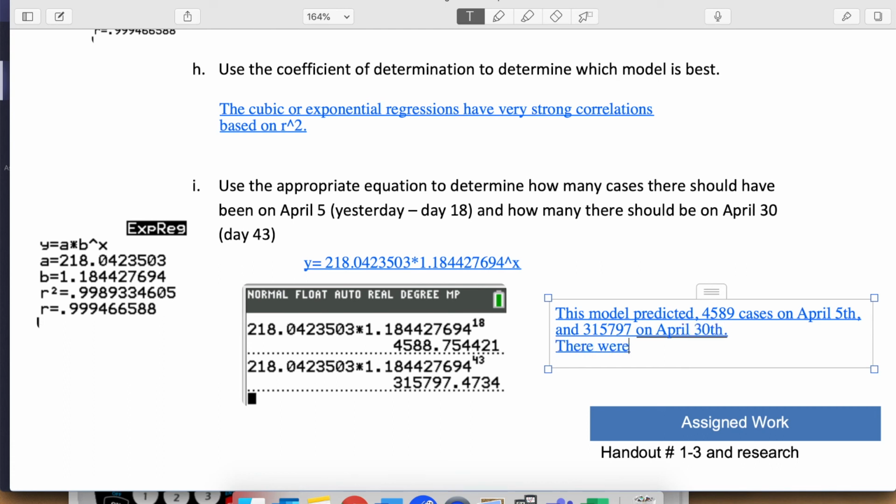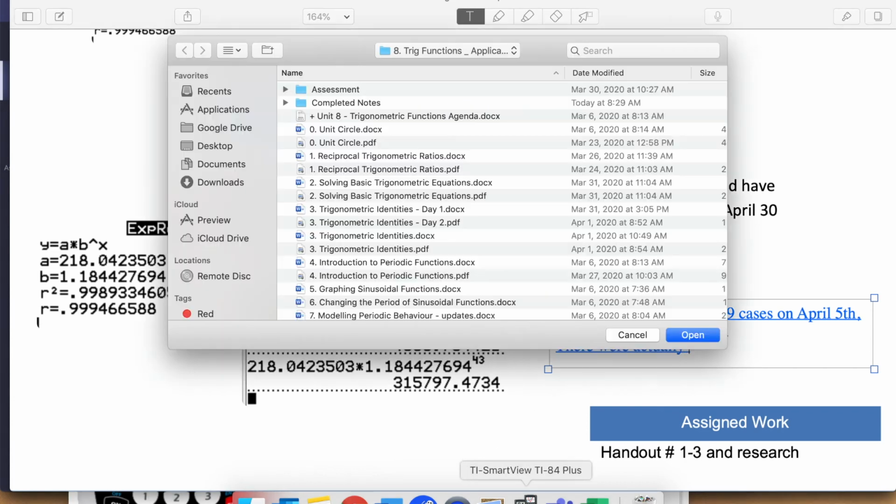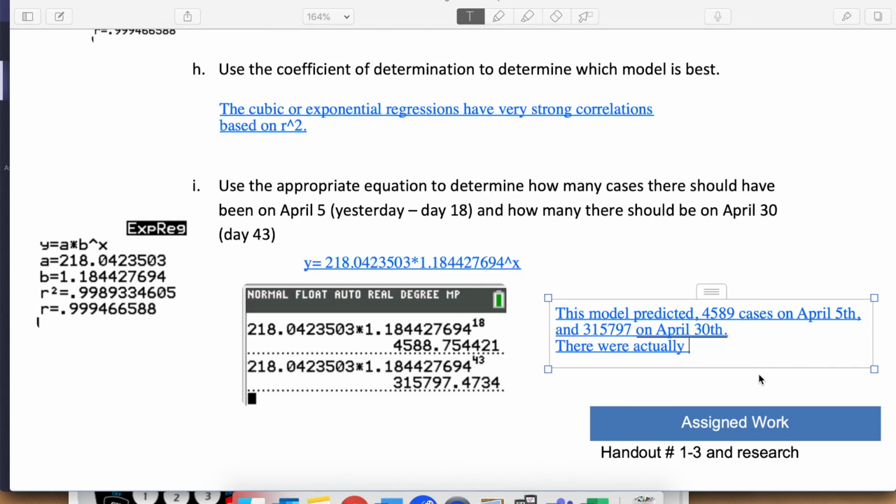There were actually, I don't know if I have it available here. I don't think I do. I think it was around 4,038 or so, something like that, on April 5th.